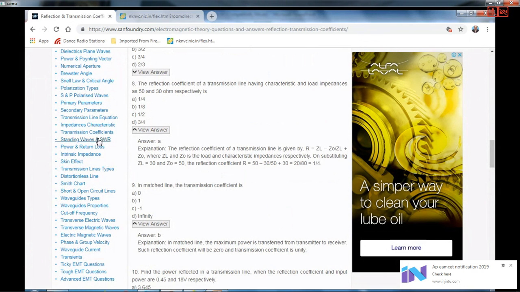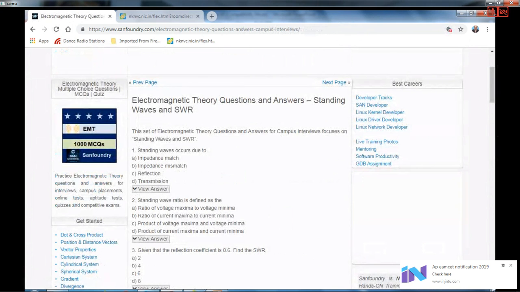Then we will see some questions on the standing wave ratio and other calculations. So here we are going to talk about the standing wave ratio, SWR. Why does the standing wave ratio occur with some value? It is due to impedance mismatch, or reflections, or poor transmission you can say.